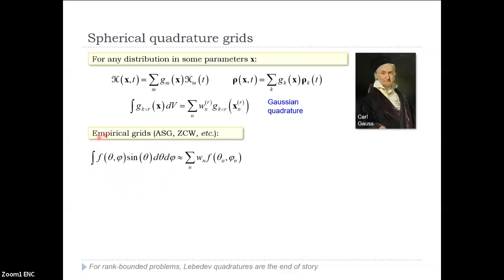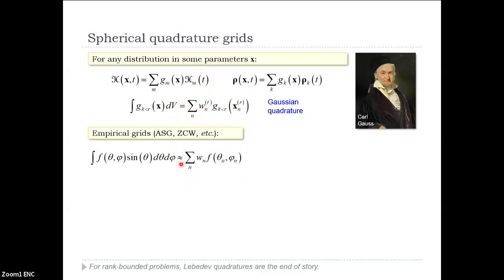So empirical expressions, we have our function of the angle, that is the full angular integral. So we can approximate it by a linear combination of the values at those points in that grid times, for example, the area of that polygon. But that is very empirical, right? This is our intuition about what a good grid might look like. A decent grid should satisfy this Gaussian condition.